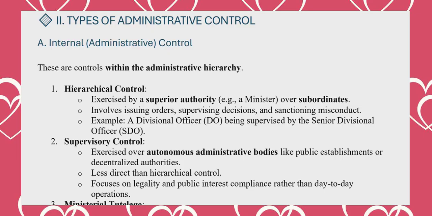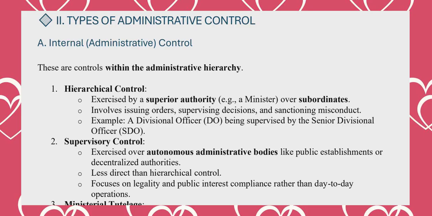Meaning that when you come late, you need to be sanctioned. When you make a decision, your boss needs to supervise. The governor needs to look at the decision of this particular SDO, whether that decision is timely, legal, and important. So that's what we call direct or hierarchical control.